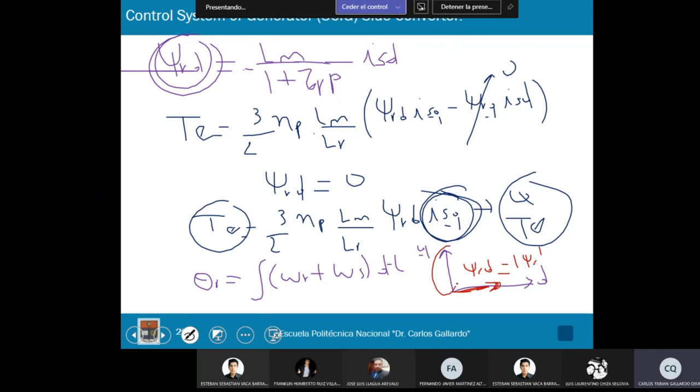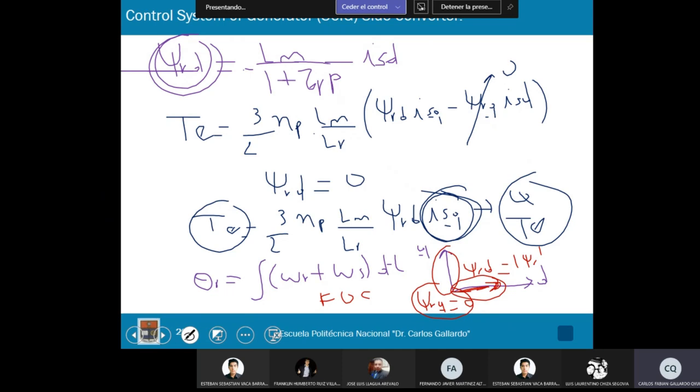What about this component? It is equal to 0 because I have only one component, and this is the component on the d-axis. So this is the reason the rotor flux on the q-axis is equal to 0 for the field-oriented control theory, according to the rotor flux orientation technology.